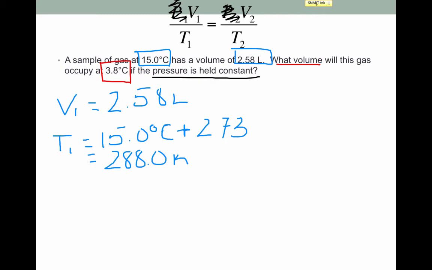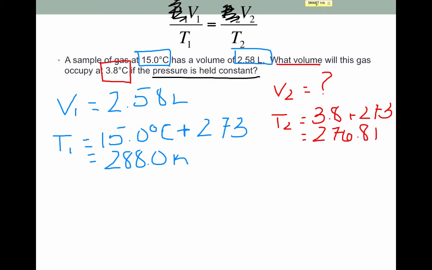Looking now at the other side of the equation, we need our V2 and our T2. In this case, V2 is what we're trying to find, so that'll be our X. T2 is 3.8, but again we need to add 273 Kelvin, so that gives us a T2 of 276.8 Kelvin.